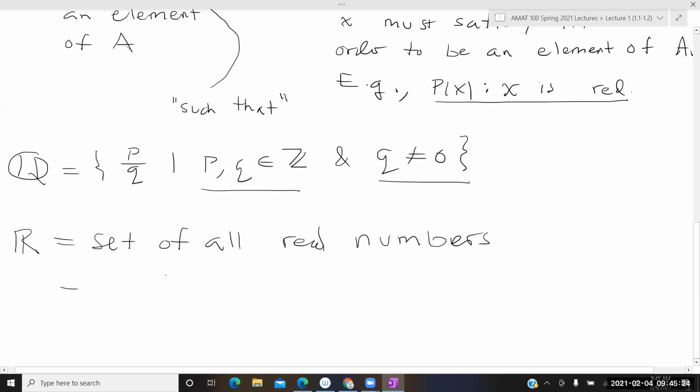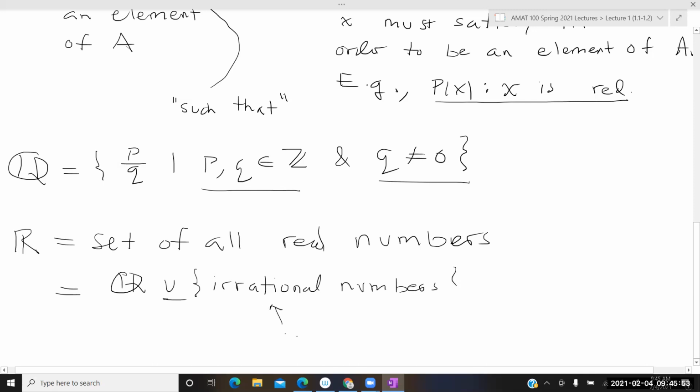So it's like the union. You take all Q, and then, well, I didn't define this notation, this U right here, but it's Q union with all irrational numbers. This isn't really accurate because I haven't even defined what an irrational number is, but we kind of have an idea of what these are.